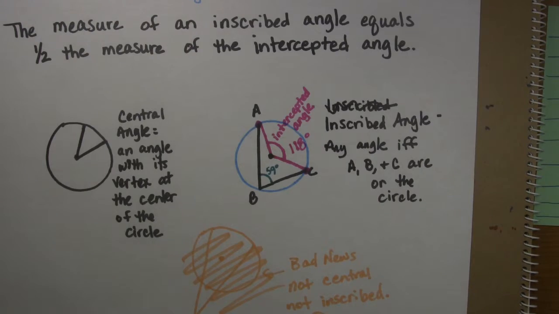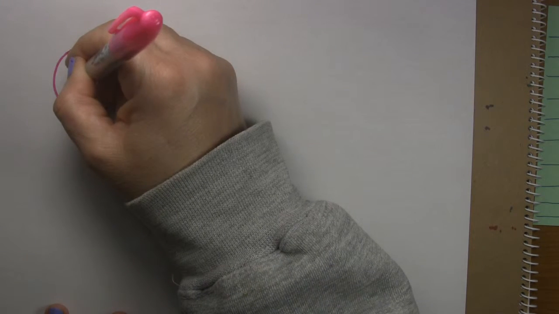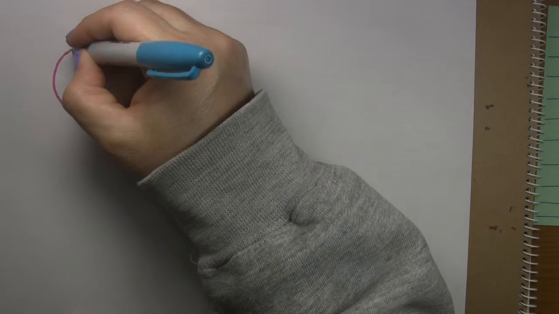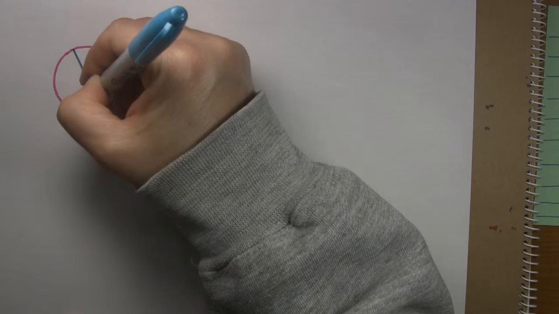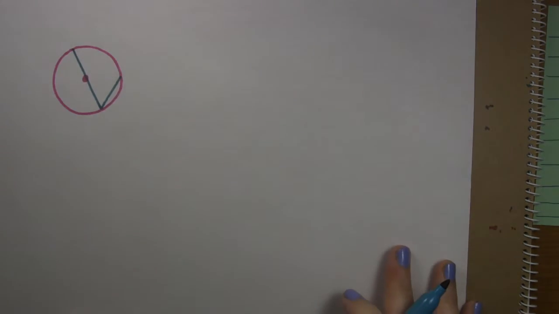So let's just do a few examples of this to make sure that you've got it. So in our first example, here's our circle. And I'm going to draw our inscribed angle like this. Okay?